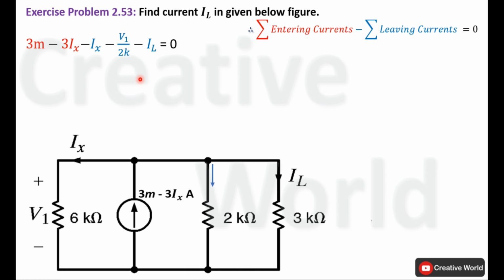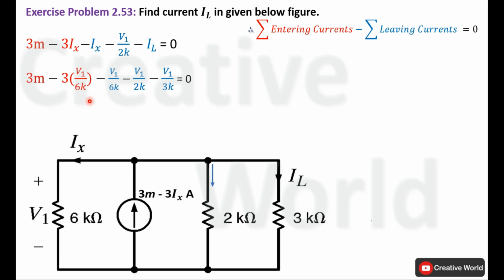Now place the values of IL and Ix in this equation. The value of IL will be the voltage across this 3 kilo ohm resistance, that is V1, divided by the resistance 3 kilo ohm. So IL will be V1 divided by 3K. Similar is the case with Ix. The value of Ix is calculated from the voltage across this 6 kilo ohm resistance, V1, divided by 6 kilo ohm.